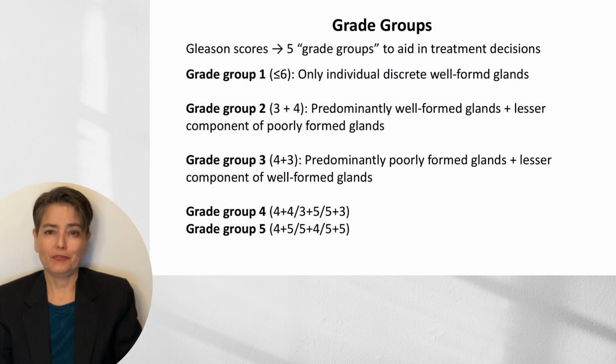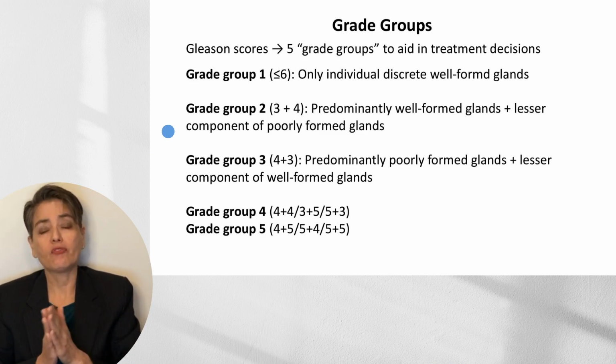It gets even more confusing. We have recently started using grade groups, and this relates to the way we grade prostate cancer. Remember, a Gleason score has 2 numbers. It can be either a 3 plus 4 or 4 plus 3.